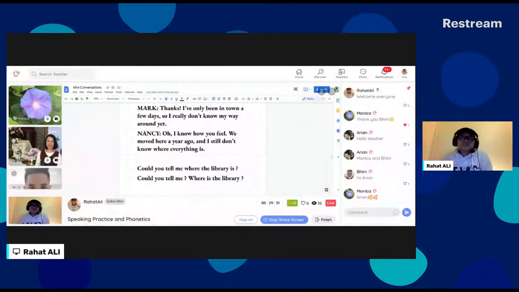Is it possible to say "where is everything?" No, we can't say like this. The pattern is, if you ask a question first, then the next part should be a general statement, a declaration sentence or positive sentence.